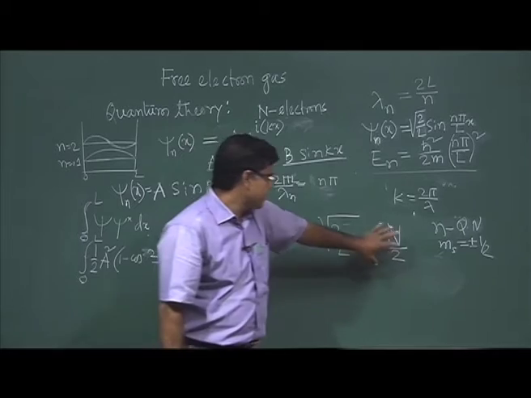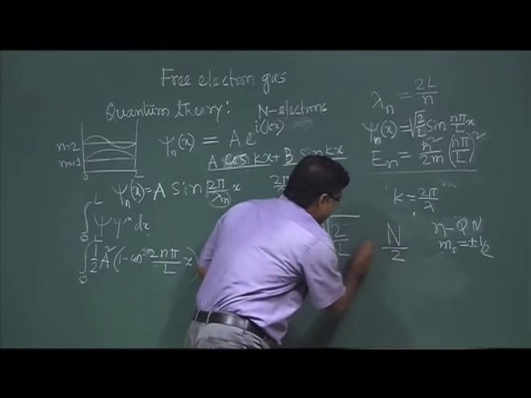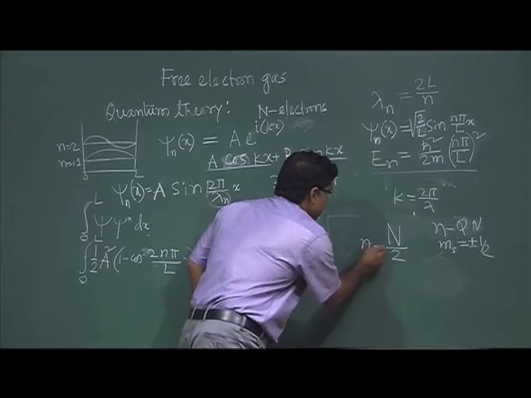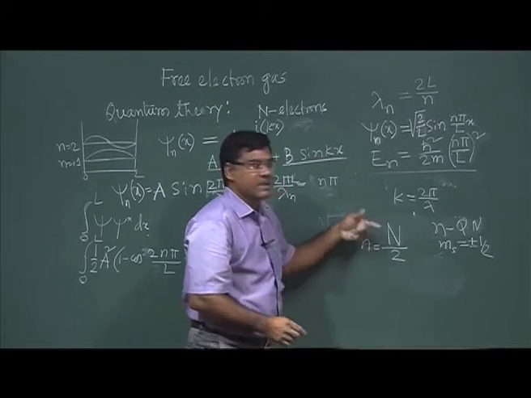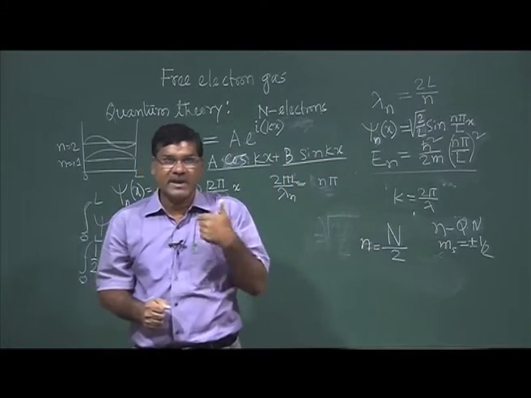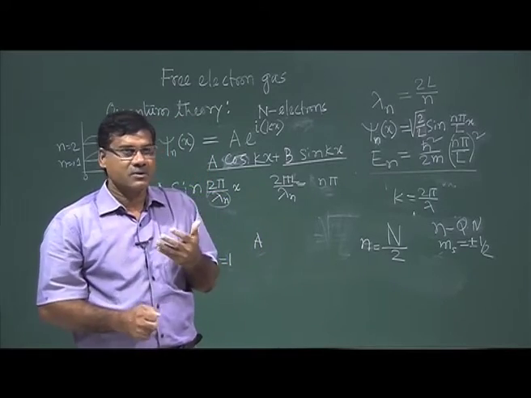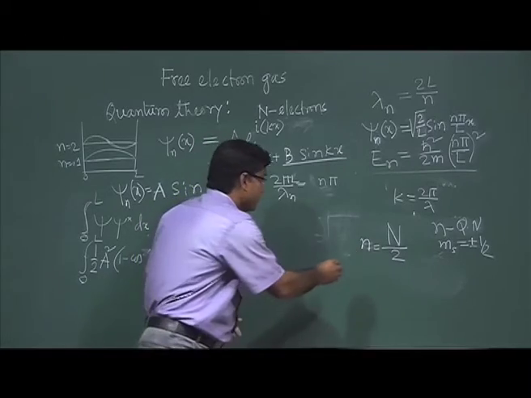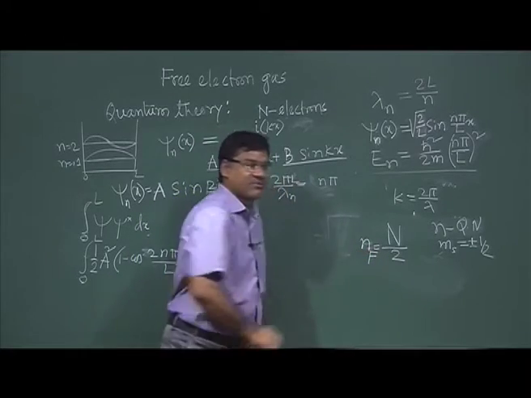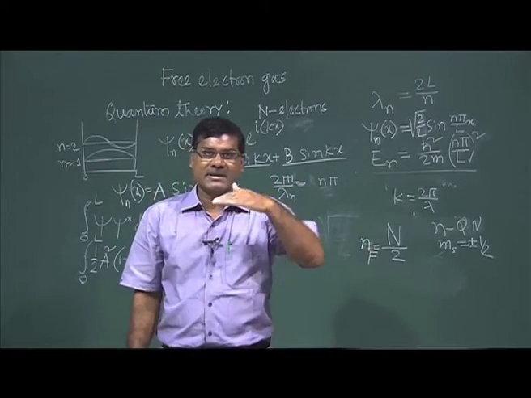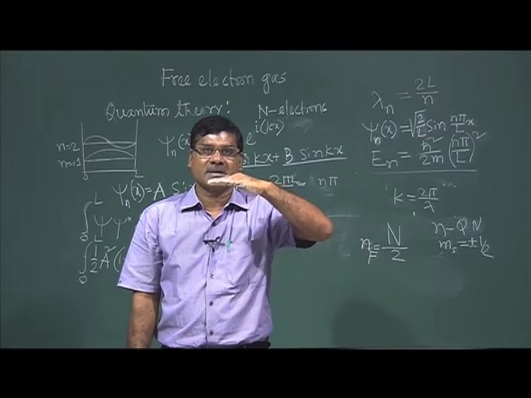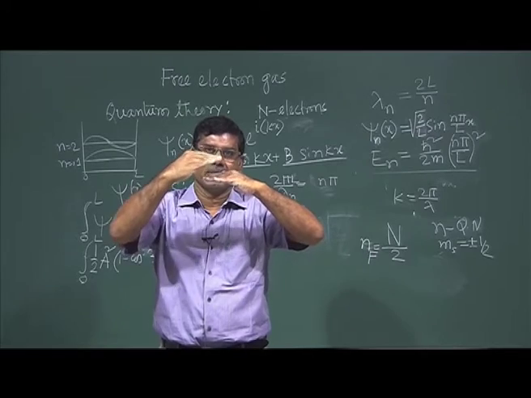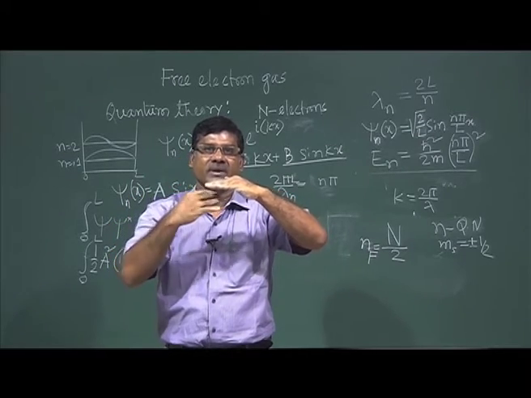So, that will be n equal to N by 2, that will be the topmost filled level. That is what we generally call the Fermi level, that we write in terms of nF, the topmost filled level. Above that level is completely empty, below that level is completely filled up.